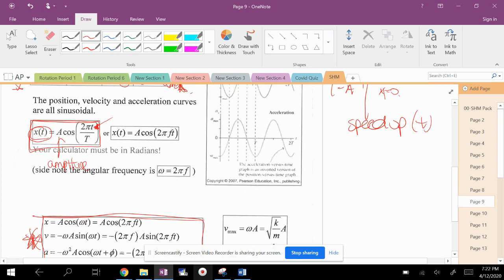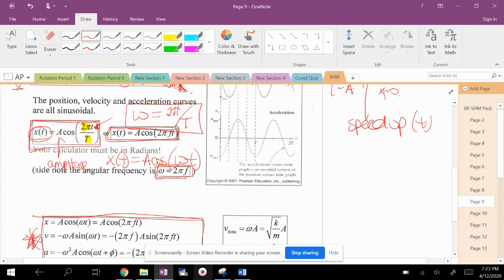So when we think about this, one way I can write 2 pi over T is I can also write it like this: x of t equals A cosine omega t, because you know that omega equals 2 pi over T. Okay, so you also know that omega equals 2 pi times f, which gets to your other part of the equation, which is this thing right here.